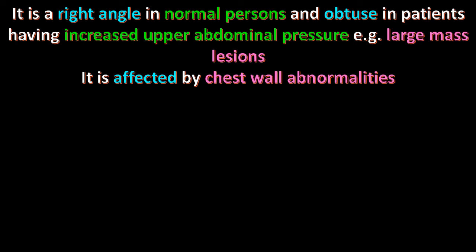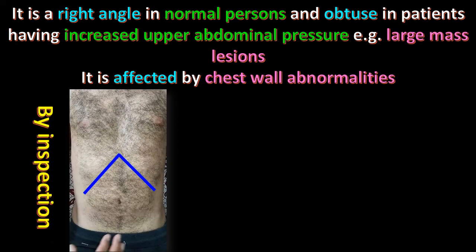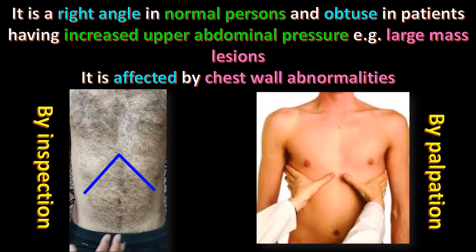It is affected by chest wall abnormalities also. This is by inspection, we observe it by vision. And by palpation, we should palpate like that, the two thumbs at the subcostal margin to meet the angle in between.